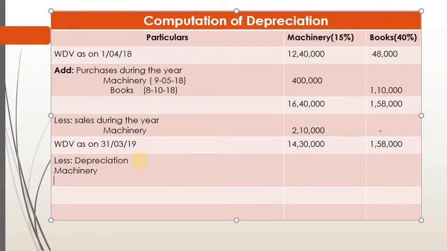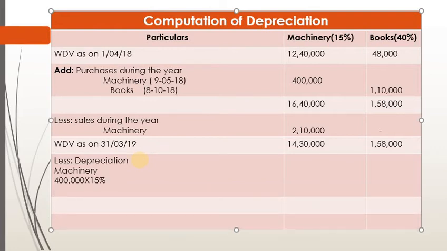So let's calculate the depreciation for the new machinery which was purchased. First let us calculate the normal depreciation, that is 15%. Then we have to calculate the additional depreciation of 20%. While calculating this 20%, we have to see when the asset was purchased, whether it has crossed 180 days. It is purchased during the month of May.